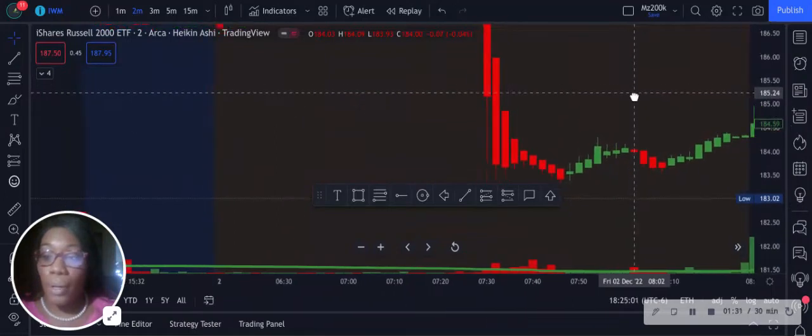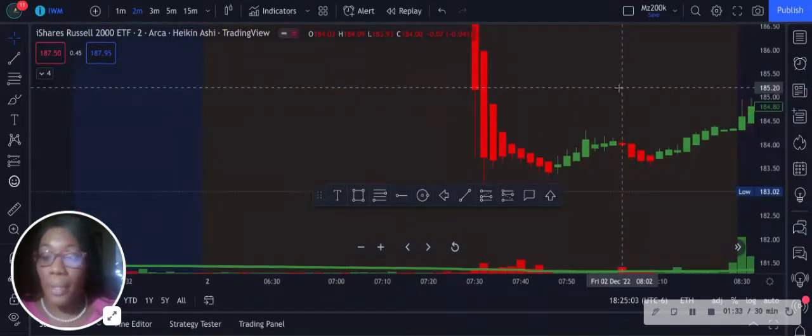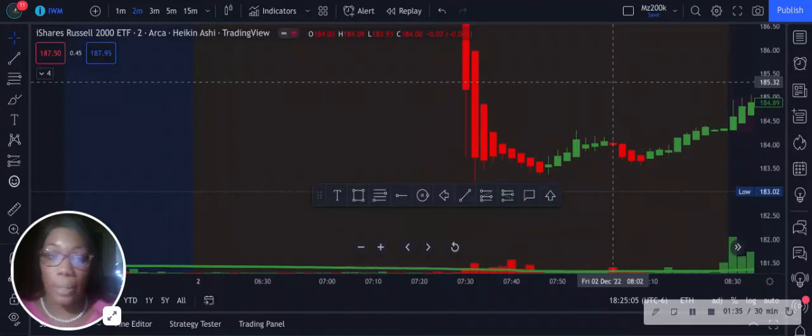So when the market opens, on a 1 minute or 2 minute chart, if the stock is already charged, when I say charged, I mean up 1 or 2%, we have a gap up. If the stock is already moving, has momentum before the market opens, the 1 minute, the 2 minute is primarily what I use to see what's going on.